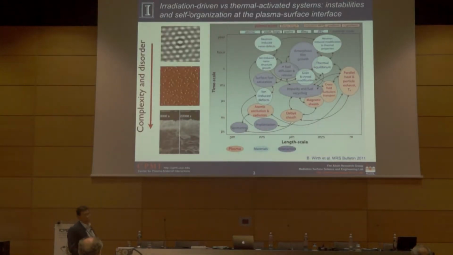So let me just start off with this slide that summarizes the overall complexity of what happens to an incident energetic ion when it interacts with the surface atoms. And to give you a sense in terms of the scales that we're talking about here, a 500 electron volt argon ion that interacts, for example, with silicon will only penetrate about 10 nanometers of the surface, just to give you some scale.